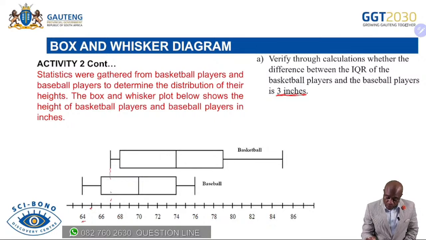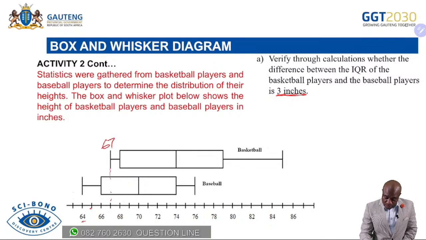So this number here is 67. The scale doesn't always differ by one. Sometimes you find a scale that goes in twos. Let's say 64, 66. Already the next value is 66. So that means in the middle of the values will then be 65, or halfway there.